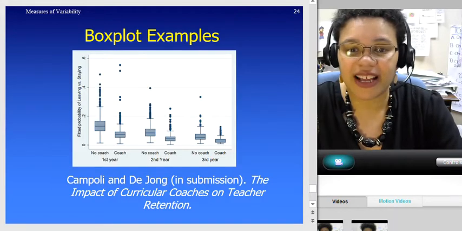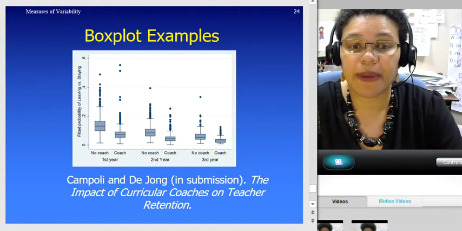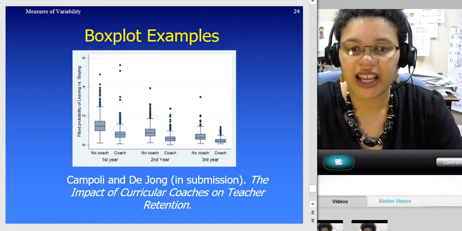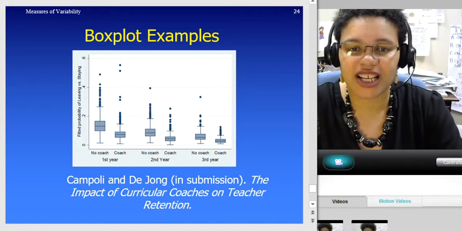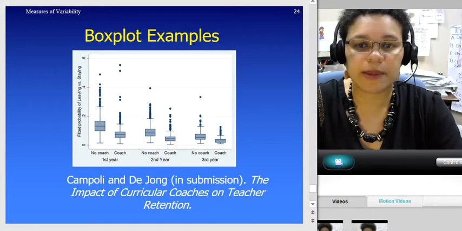Here's another box plotting example. This is from a paper that I did with a colleague. It actually has been published, just last year, and you can see the boxes are not all at the same level, right?